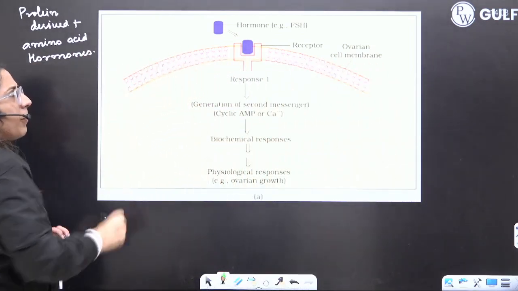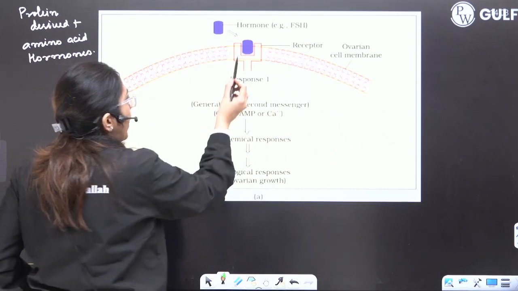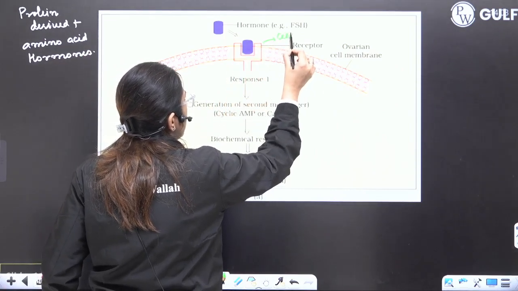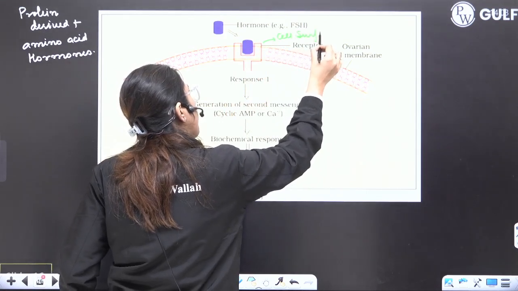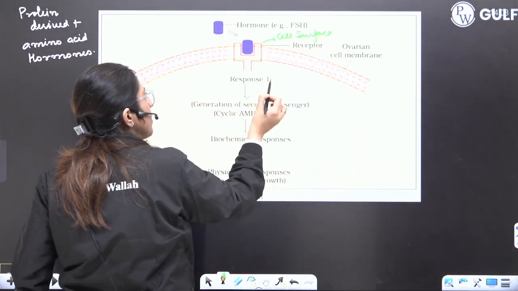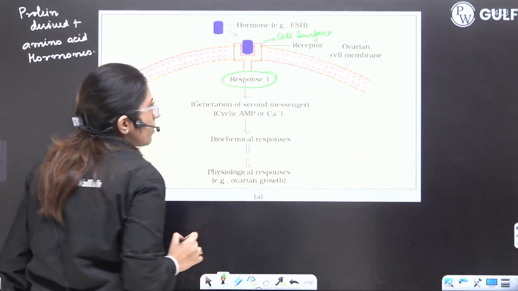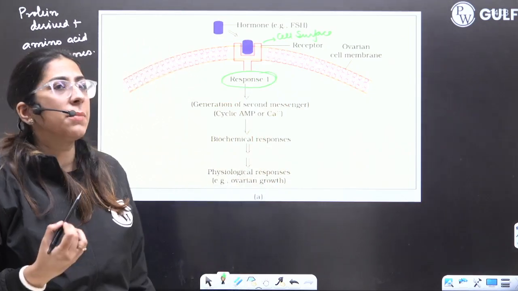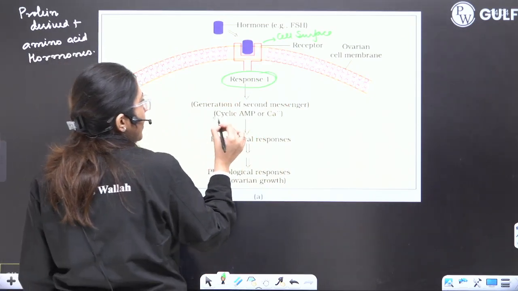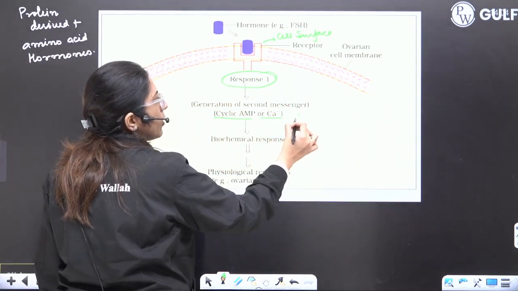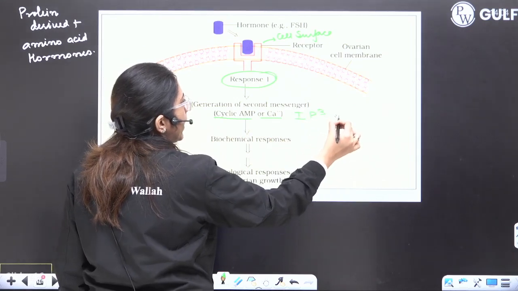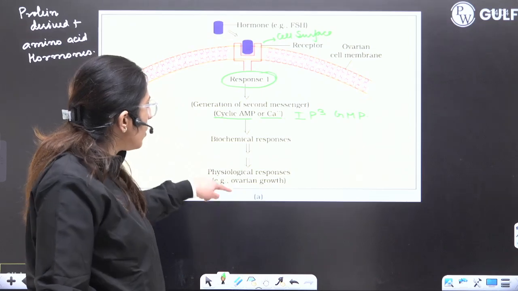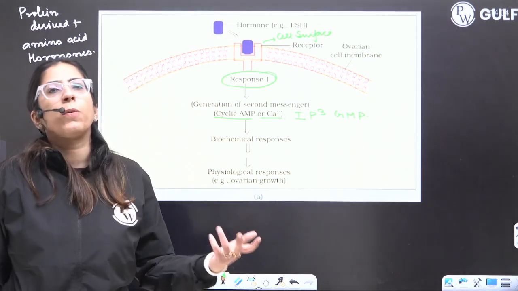So they will bind to the receptor present on the cell surface. By binding to the cell surface, they will initiate a cascade of reactions, which increases the secretion of secondary messengers such as cyclic AMP, calcium ion, inositol triphosphate, cGMP, etc. These secondary messengers go to the DNA and cause a corresponding change.